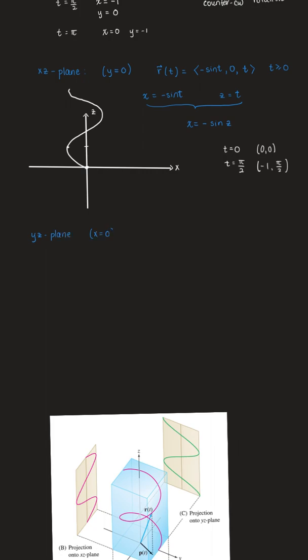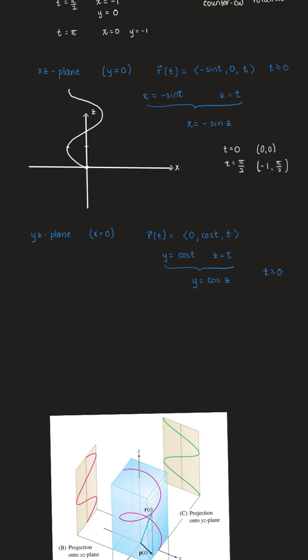So when x is 0, our vector function becomes 0, cosine t, and t, which gives us that y is cosine of t, and z is equal to t. Eliminating our parameter, we have y is cosine of z. And z must be positive because t is positive.